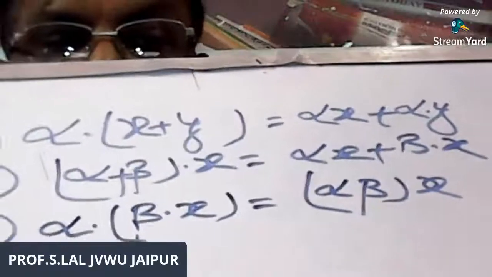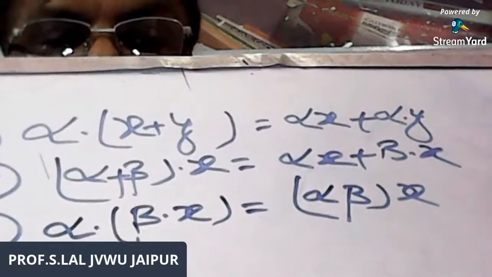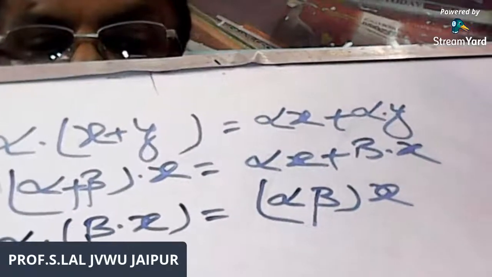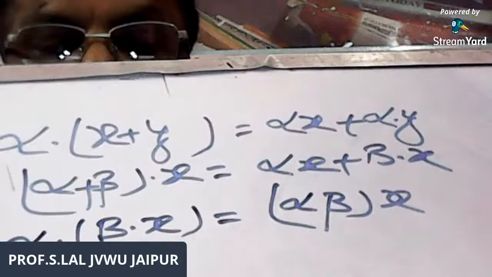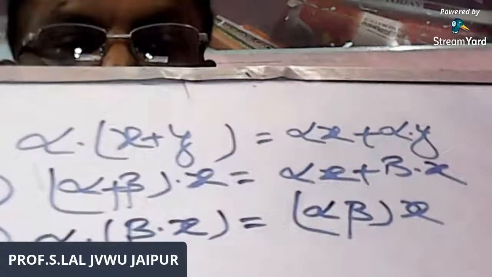And the third postulate is alpha into under bracket beta into x is equal to alpha beta into x. So these are the three postulates. If these three postulates are satisfied, then you can call it a linear space.